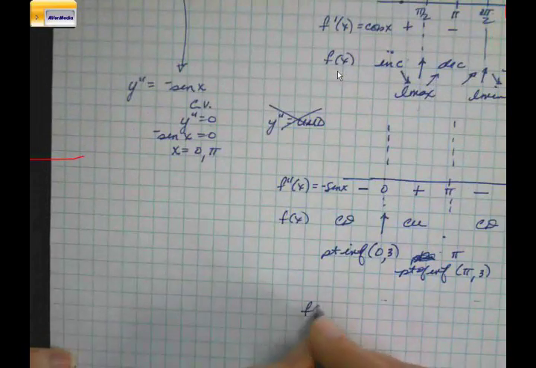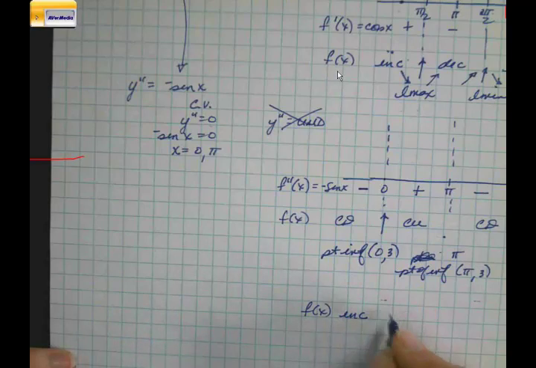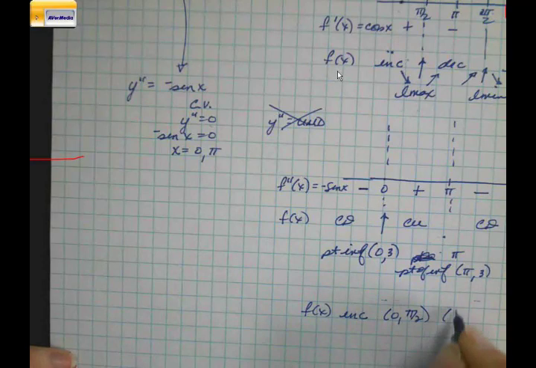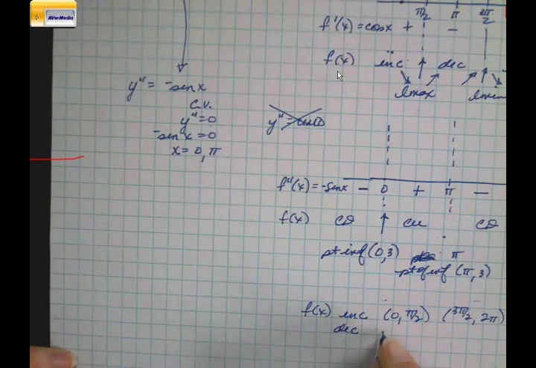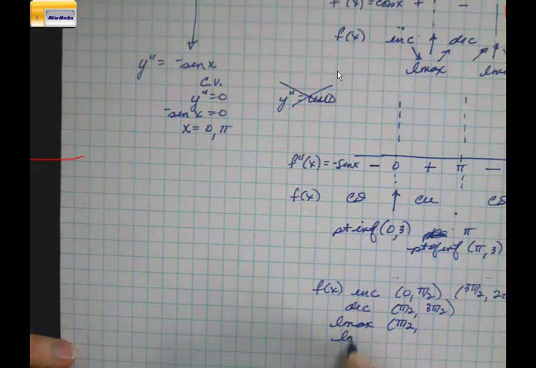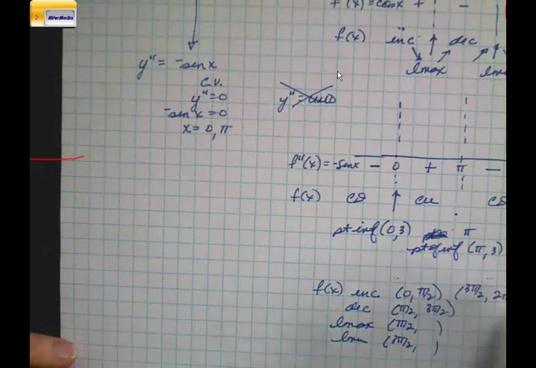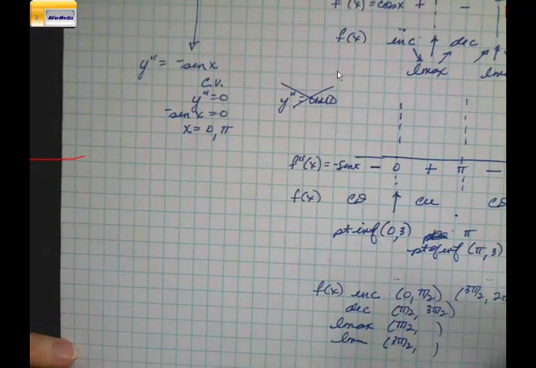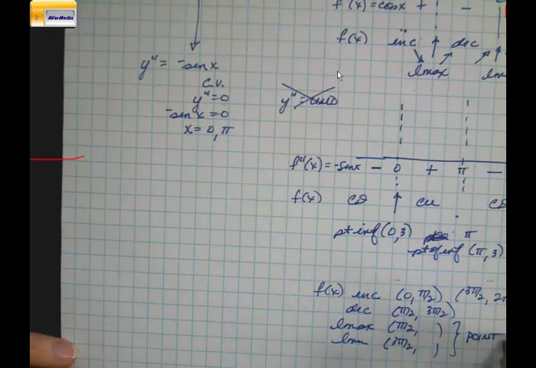So we have lots of stuff. We are increasing from 0 to pi halves and from 3 pi halves to 2 pi. Our function is decreasing from pi halves to 3 pi halves. We have a local max at pi halves, something, and a local min at 3 pi halves, something. Now these are intervals. Don't get your intervals confused with your points.